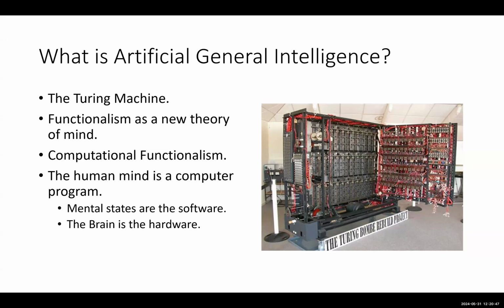Now, not everybody accepts this theory, and we'll say a little bit more about that in a little bit. But nonetheless, in the 20th century, this was probably the most widely accepted approach or theory to what the nature of the mind is. And again, the nature of the mind is basically the same thing as the nature of a computer, where mental states are similar to the software of a computer, and the brain is like the hardware of a computer.